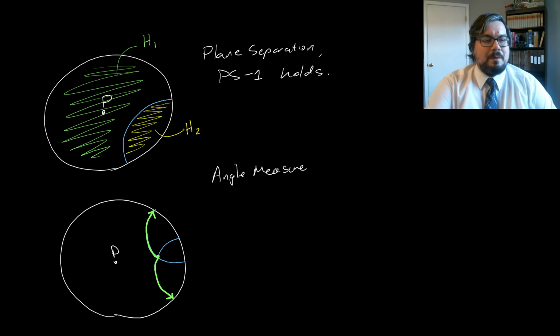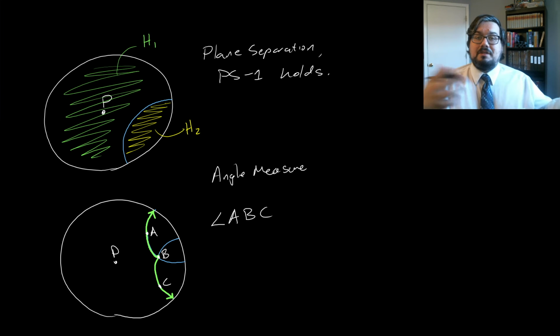Now, what we can do is define the angle measure of this angle. Let me give these some points so that we can talk about this angle precisely. So we've got the point B, point A over here, point C over here. So we have that the angle ABC exists based on the betweenness and everything else that we've done before.